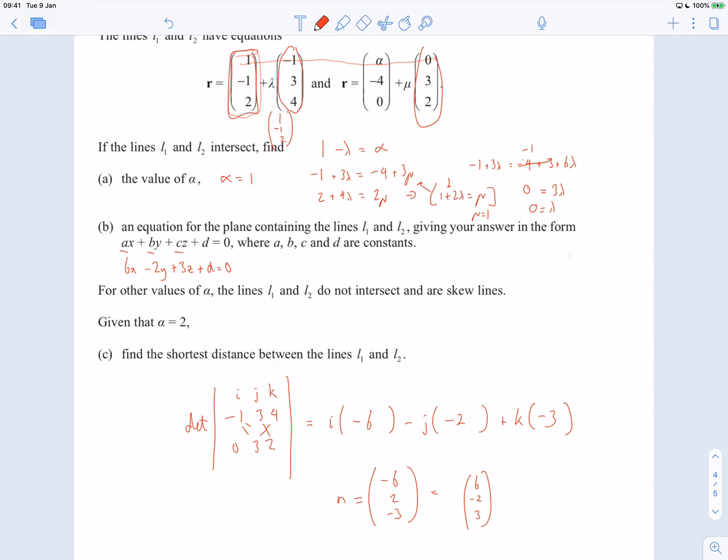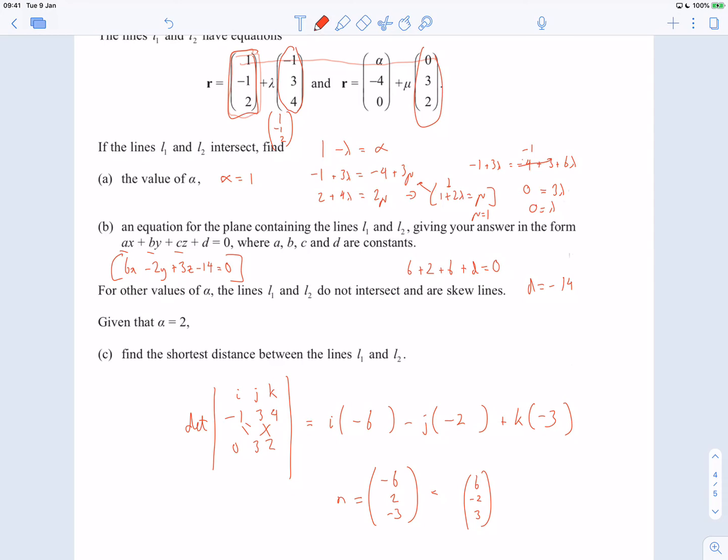So when x is 1, I've got 6. When y is minus 1, I've got minus 2 times minus 1, so that's plus 2. And then when z is 2, I've got 3 times 2, which is plus another 6, plus a d equals 0. So what is that? D is minus 14. So the equation of the plane appears to be 6x minus 2y plus 3z minus 14 equals 0.